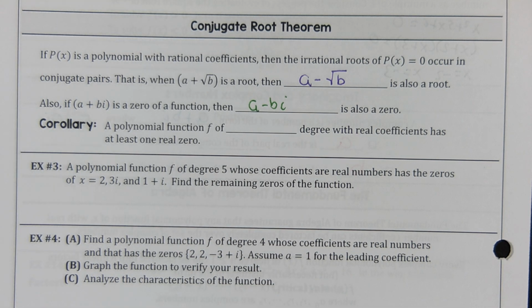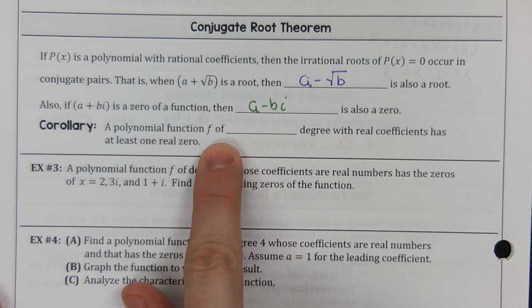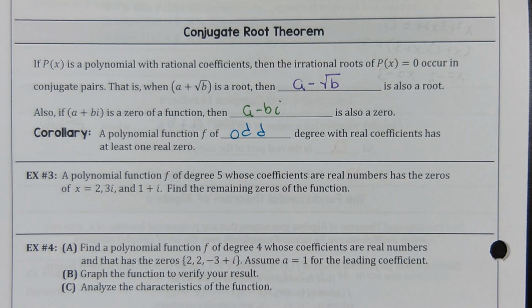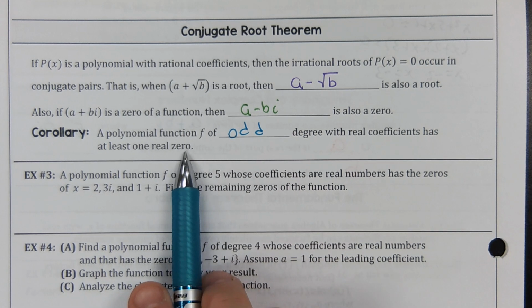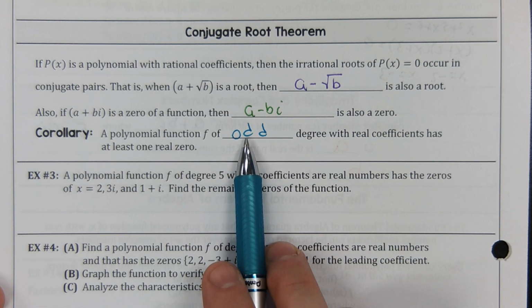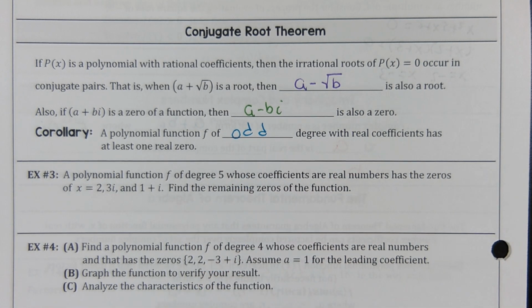So a polynomial function of odd degree with real coefficients has at least one real solution all the time. That's what a real zero means, a real solution, one x-intercept. Could have more, but you're guaranteed to have at least one. But that's not true for even degree polynomials because their endings could point in the same direction and then never touch the x-axis.